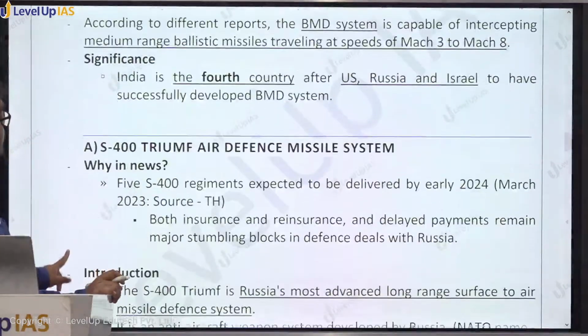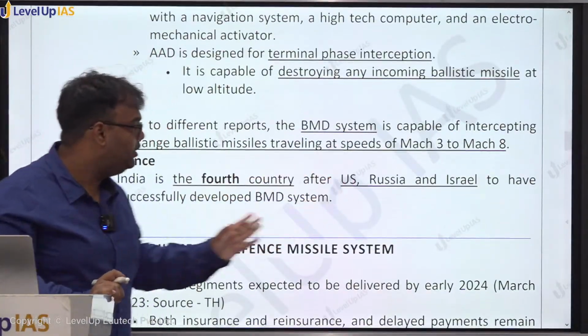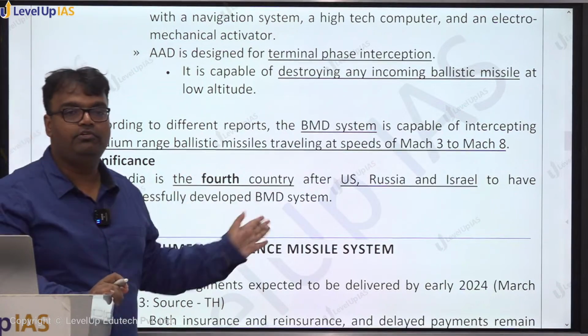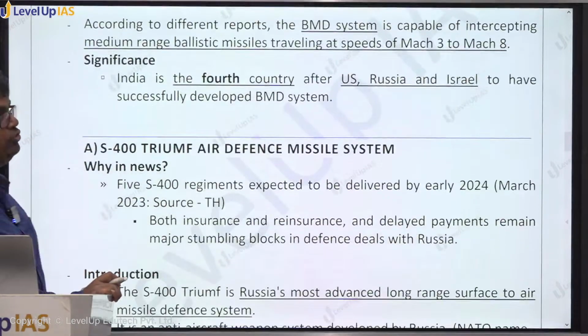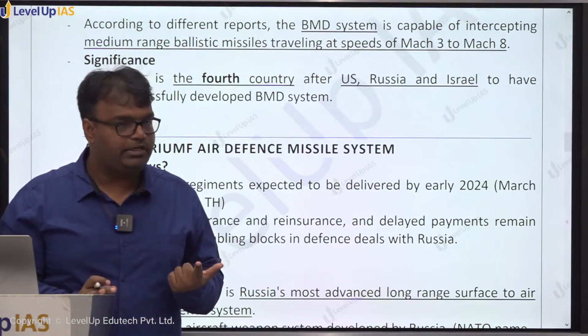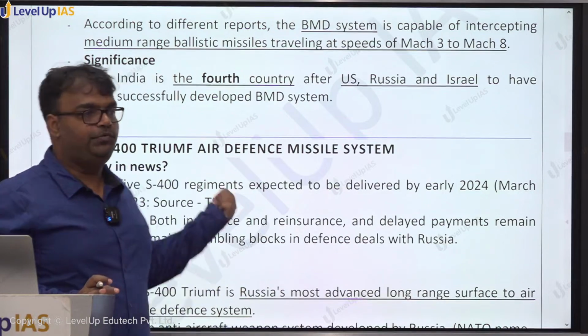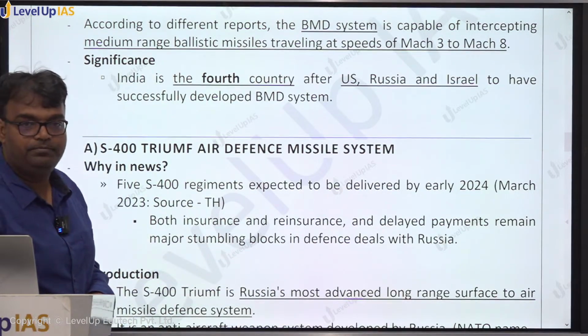Other than this, India has become the fourth country after the US, Russia and Israel to have successfully developed a ballistic missile defense system. Besides this, we are also buying ballistic missile defense systems from other countries. Like the S-300, which we have taken from Russia. The S-400 is something we are getting from Russia.